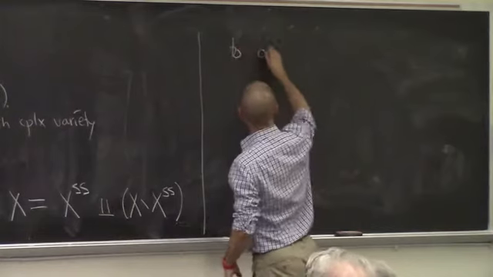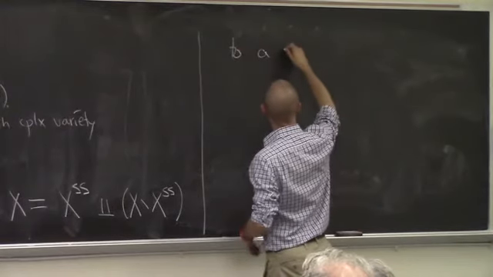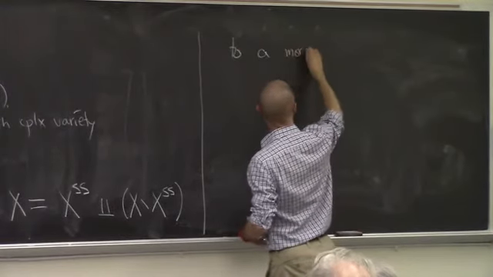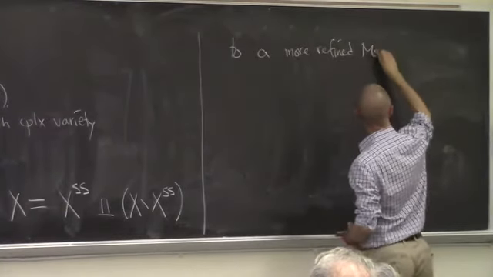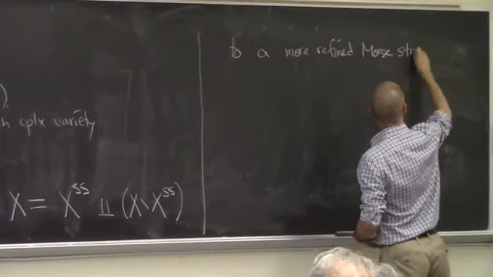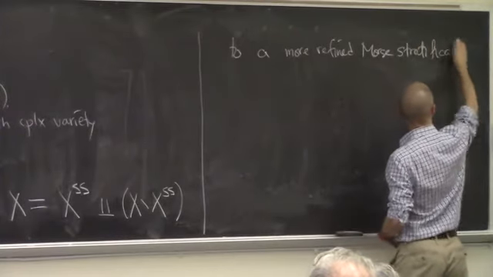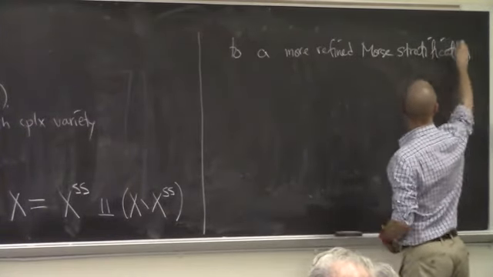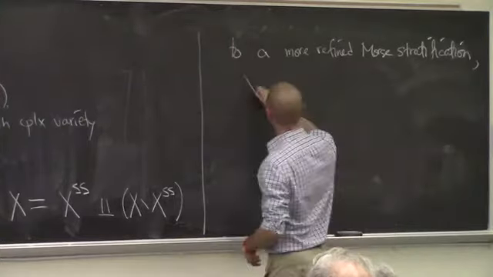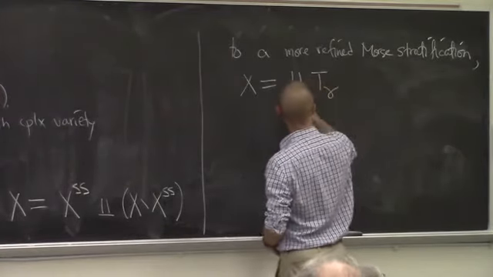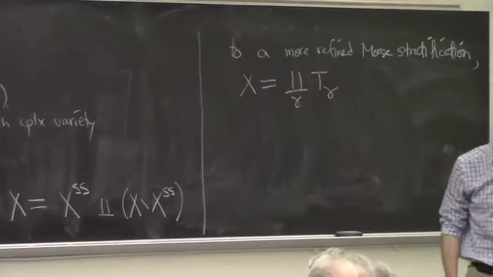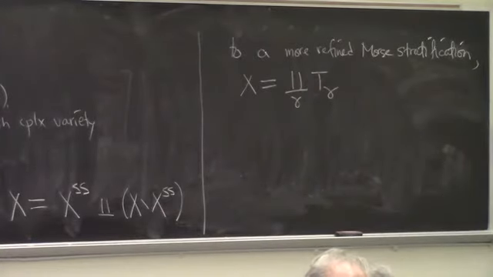So to a more refined Morse stratification, let me just write X is a disjoint union of some T gammas. I won't tell you too much about what the labels are, but I just want to break the space up into some locally closed subsets in a nice way.